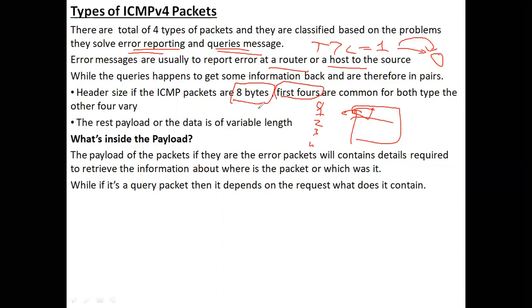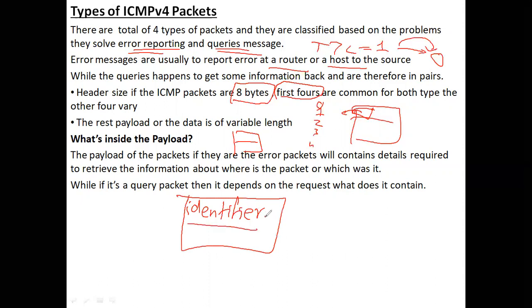Now, discussing the payload. Because this is just the header, the payload has to be there as well. The payload, which we are not going to discuss in detail, basically handles 2 things. There is an identifier in the header as well, but I'm talking about the payload, where we have 2 sections. One is the identifier of which packet or device in the network we are dealing with: a packet when we have an error, a device when we are doing some sort of management query.